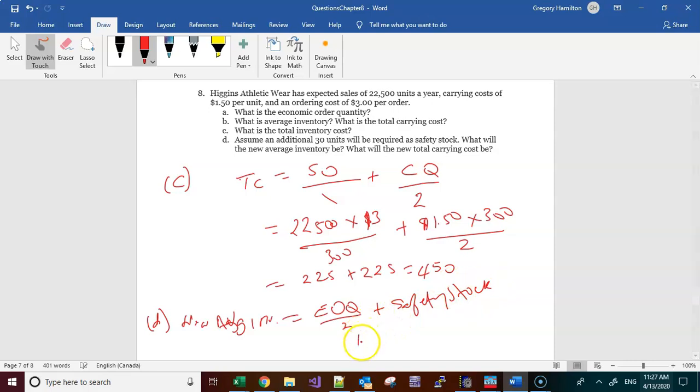So that gives us what? 150 plus our safety stock of 30 units, so that's equal to 180 units.